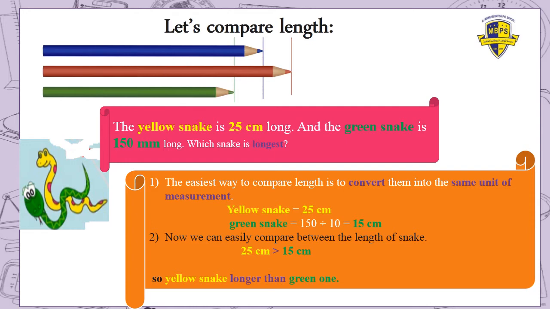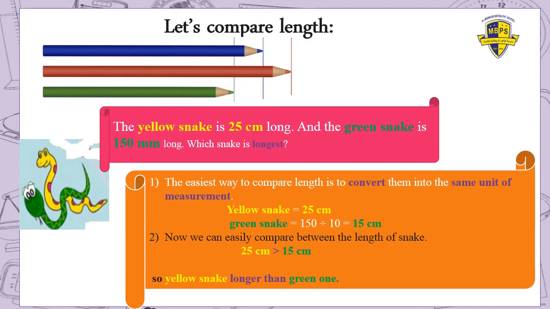So the yellow one is 25 centimeters. Now the green snake is 150 millimeters. How do we convert milli to centi? Good job, we divide by 10. So 150 divided by 10 equals 15 centimeters.